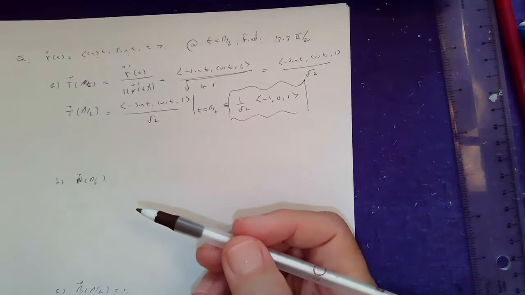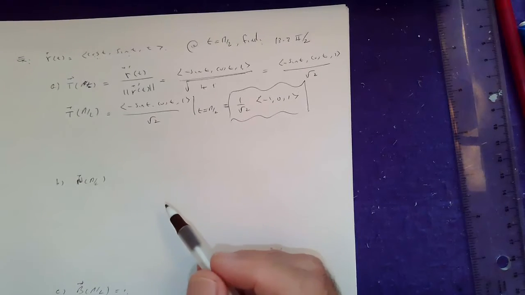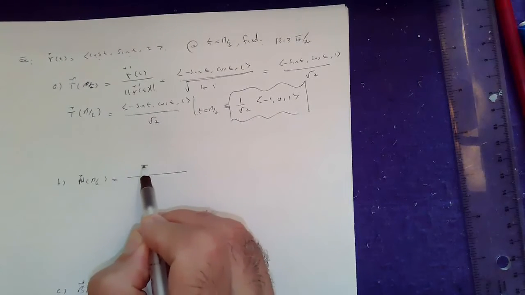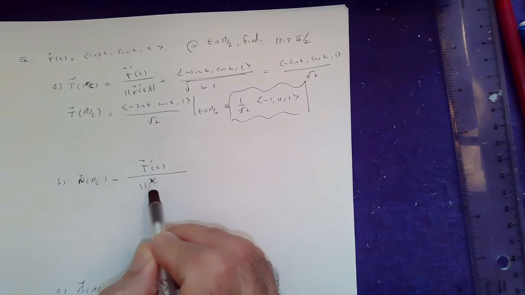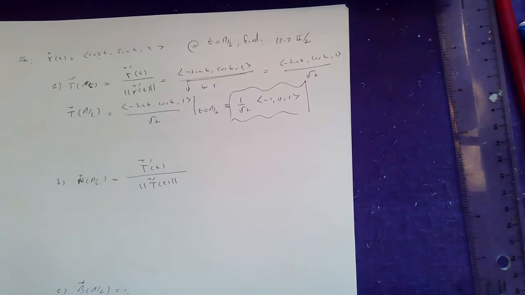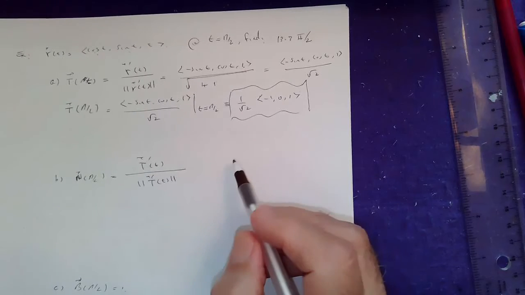The unit normal vector for the curve is defined as the derivative of the unit tangent divided by its magnitude.